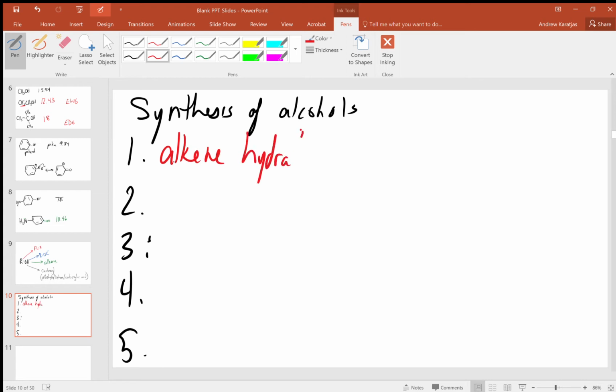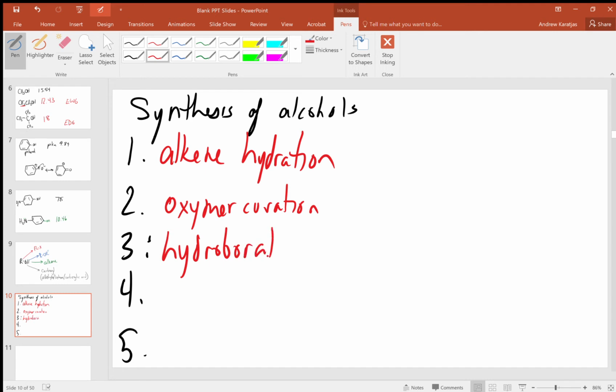Most of these are things we learned in Organic 1, such as alkene hydration, oxymercuration, and hydroboration. These are all ways to make alcohols.